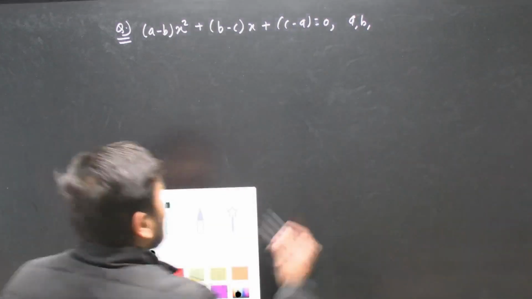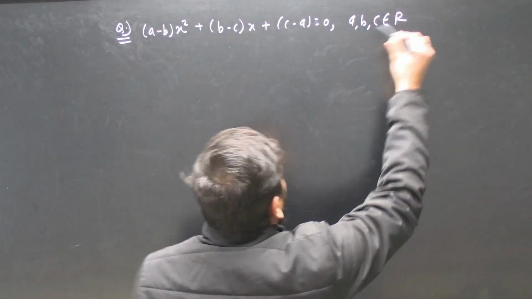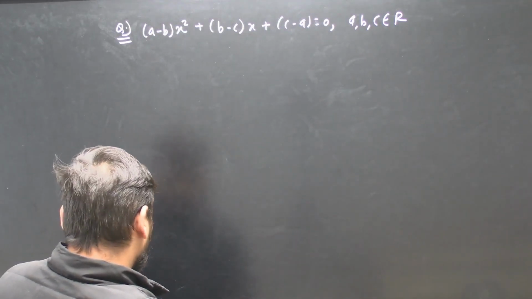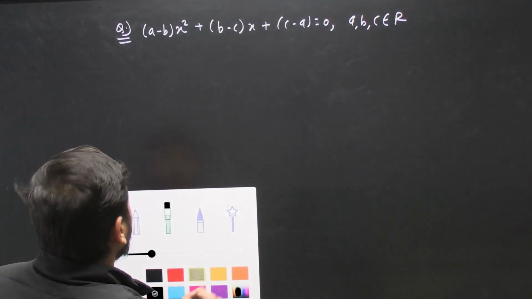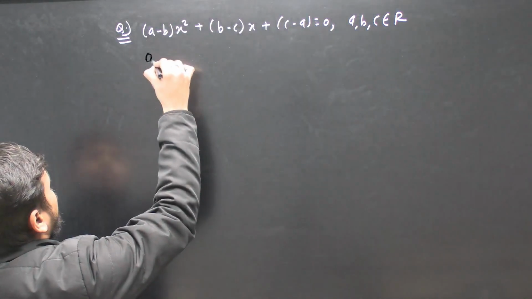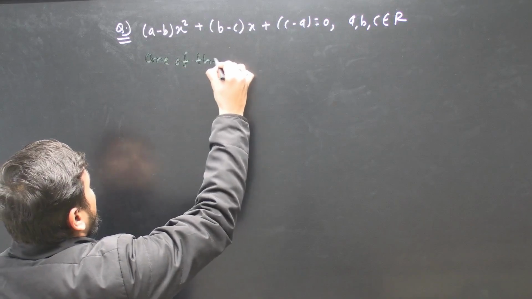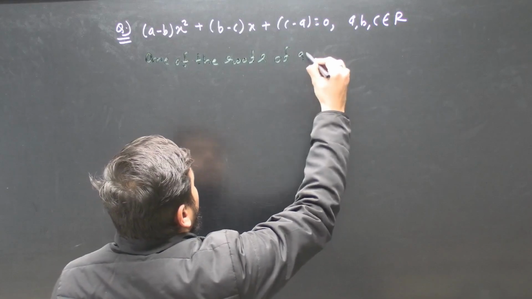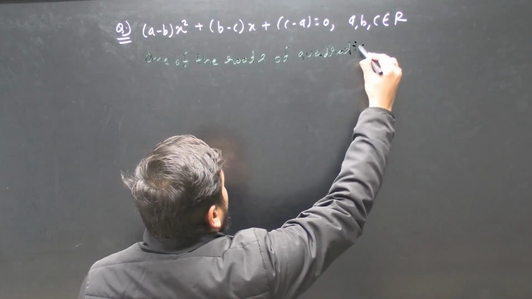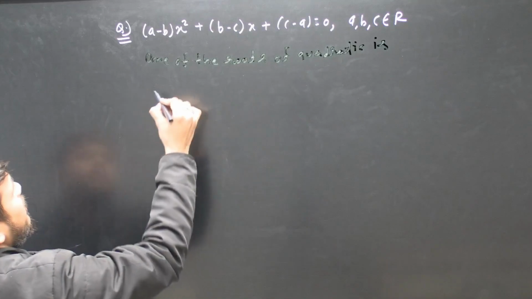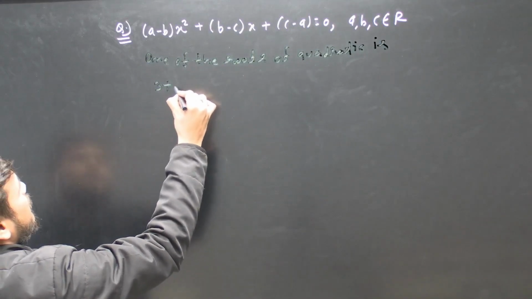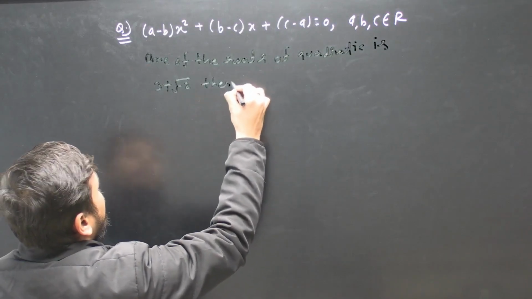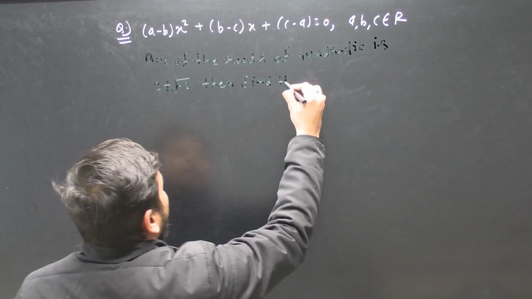Now what is the information given? For this quadratic, if a, b, c belong to R and one of the roots of the quadratic is 3 + √−2, then find the relation between a, b and c.